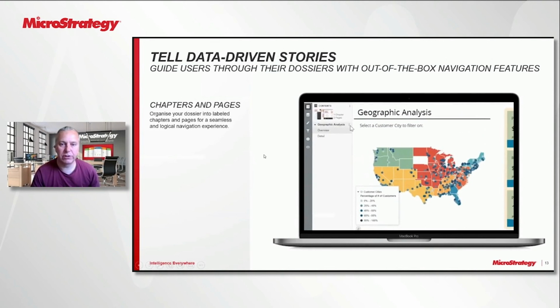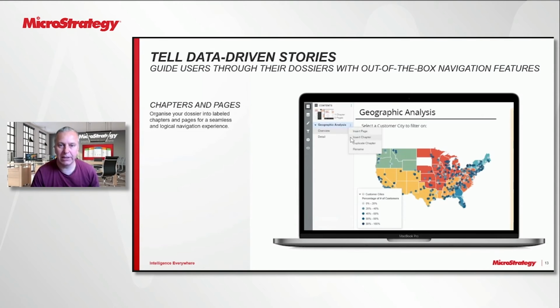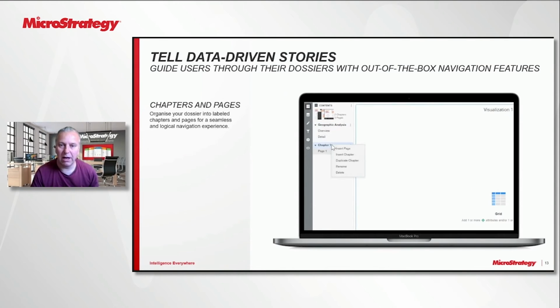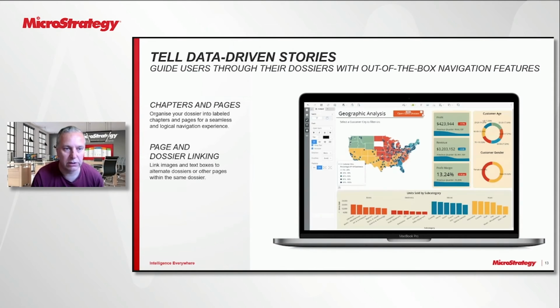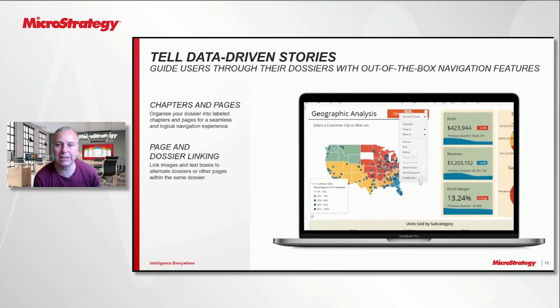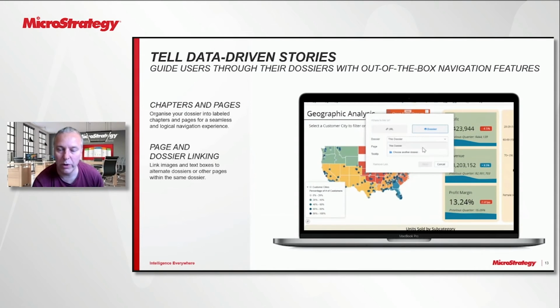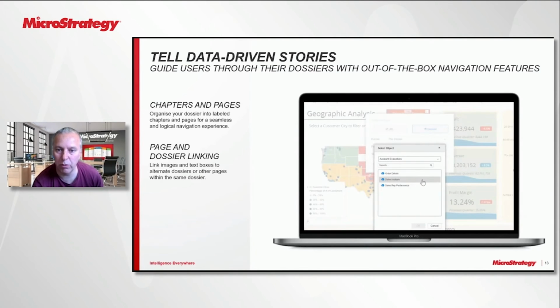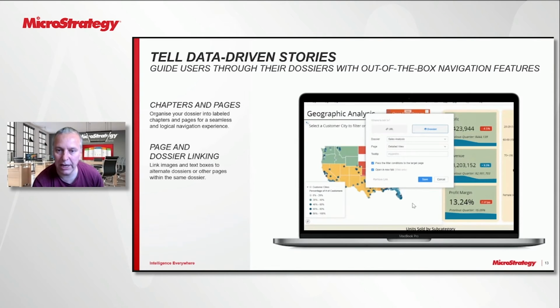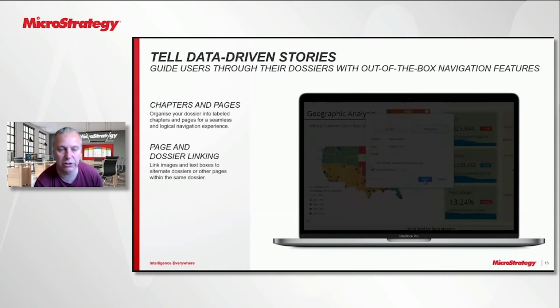So again, we're telling data-driven stories. You've got the chapter and page navigation, which we talked about at the start, and your users will become familiar with that as they use multiple dossiers within your enterprise. And then you've got the ability to link to other dossiers. So we can have a button at the top of one dossier that links to another dossier, and if it needs to, it can pass the filter conditions across to the target page.